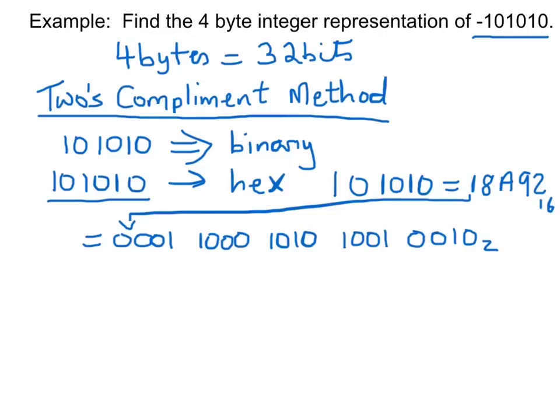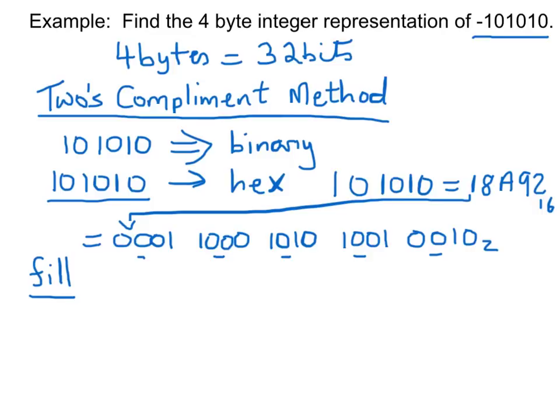Now next what we do is we have to fill this number out to 32 bits. So there's going to be a whole series of zeros before this binary number. Now, how many digits do we have in the binary number? Well, we have 4, 8, 12, 16, we have 20. So we need 12 zeros coming before this number to give it its 32-bit representation.